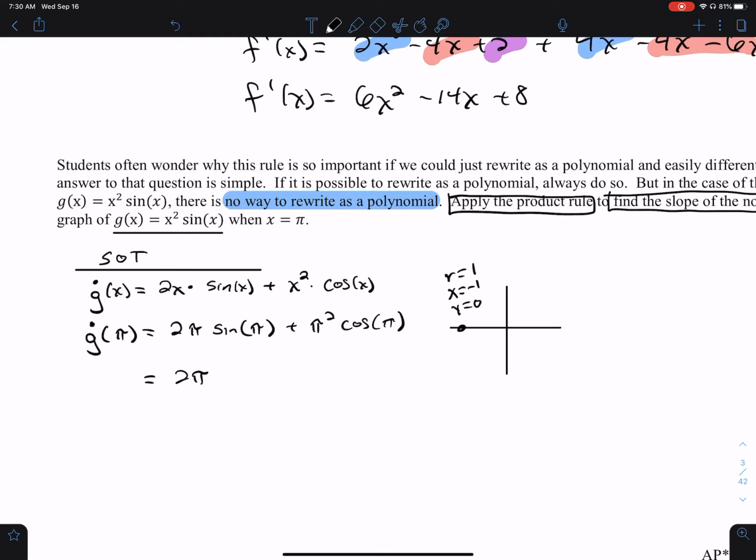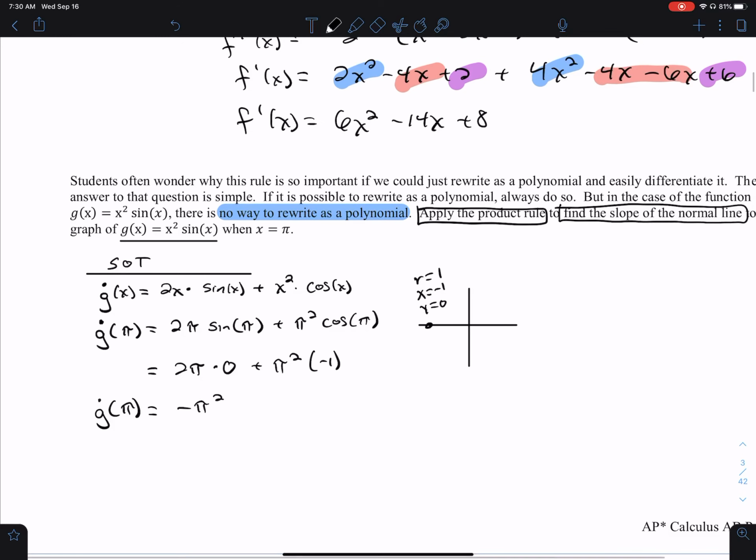Sine of pi is y over r, so that would be 0. Cosine of pi would be -1, because that's x over r. This first term is going to give us 0. This is going to give us a negative pi squared. That is the slope of the tangent line.